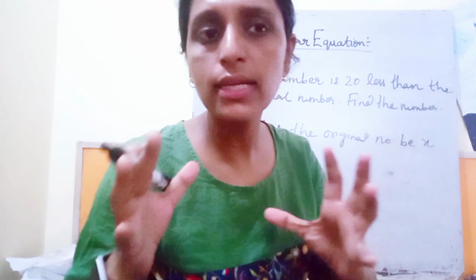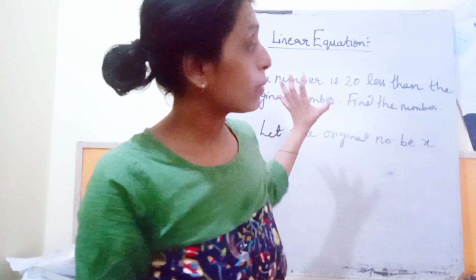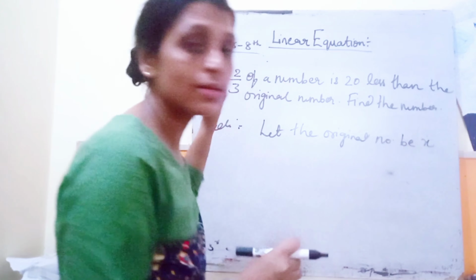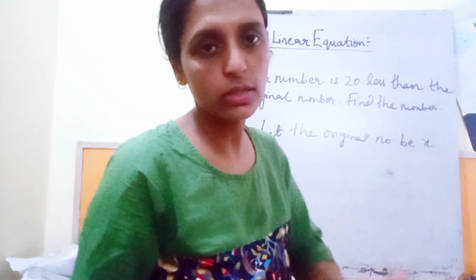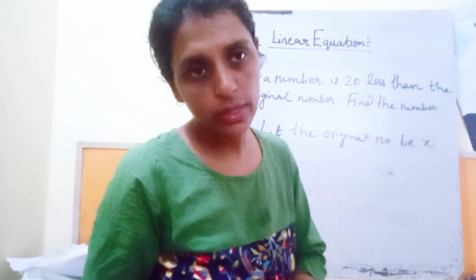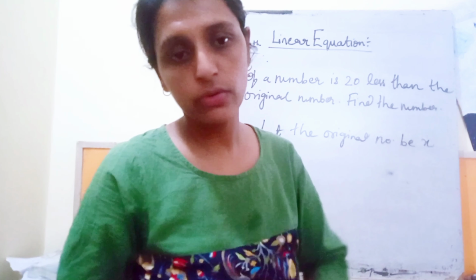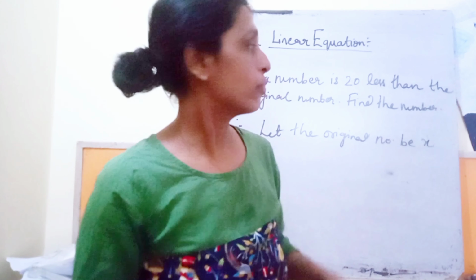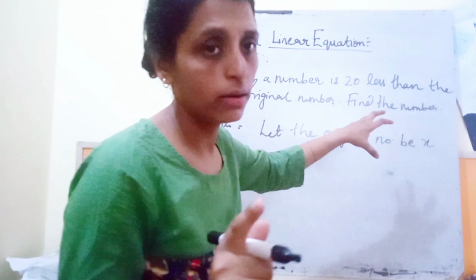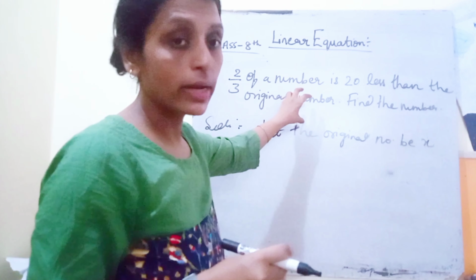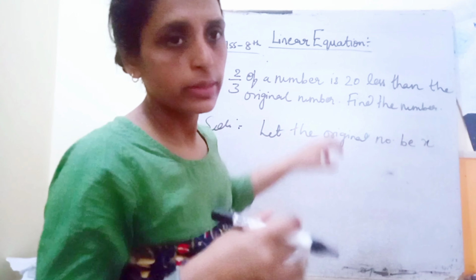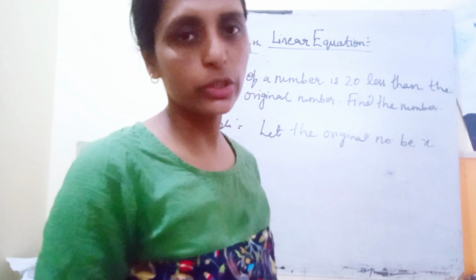But for that you need to understand the problem: what is given, what we have to find, and what we have to consider as the variable, that unknown value that we need to find. So first go through the question well. I'm repeating it in every video: repeat unless and until you get what you have to find. Then only you can frame the equation correctly.